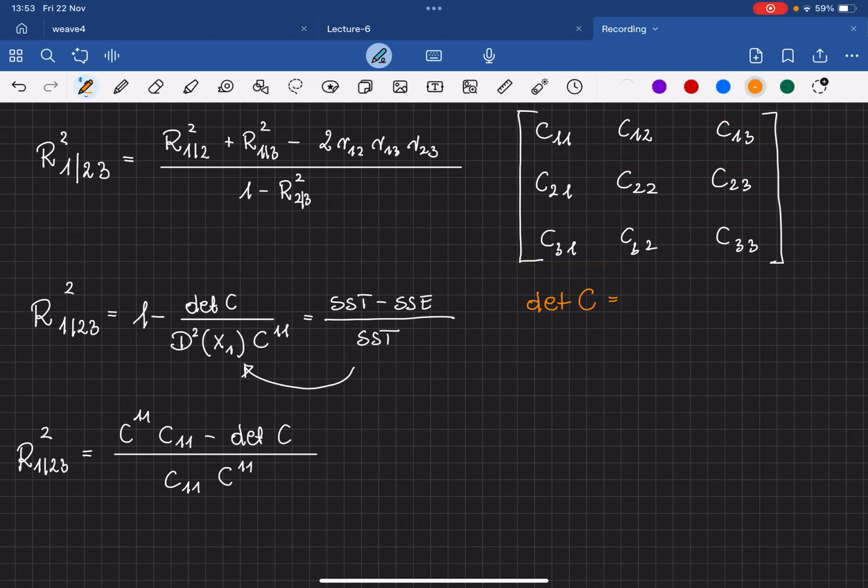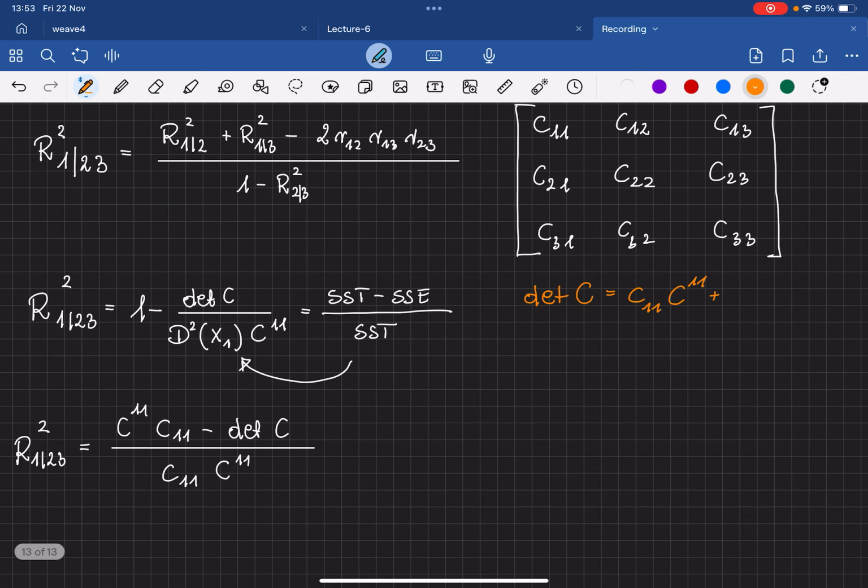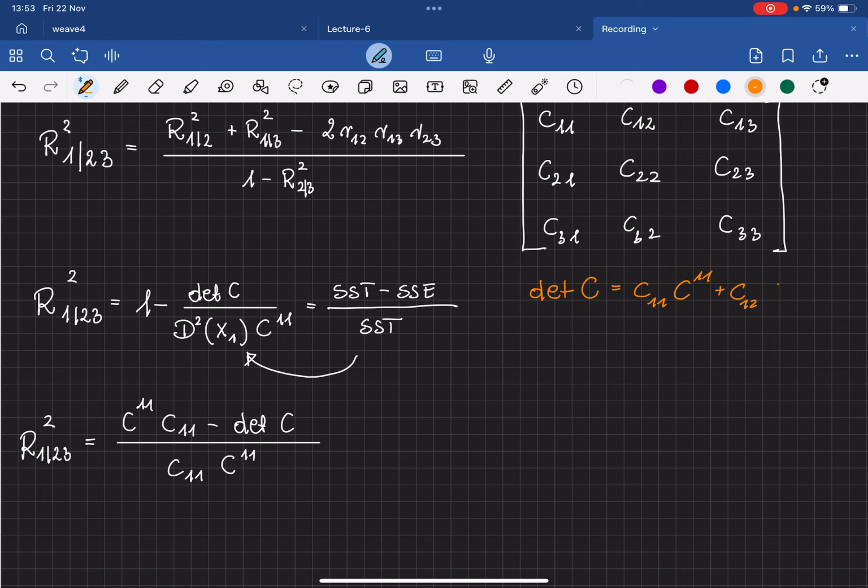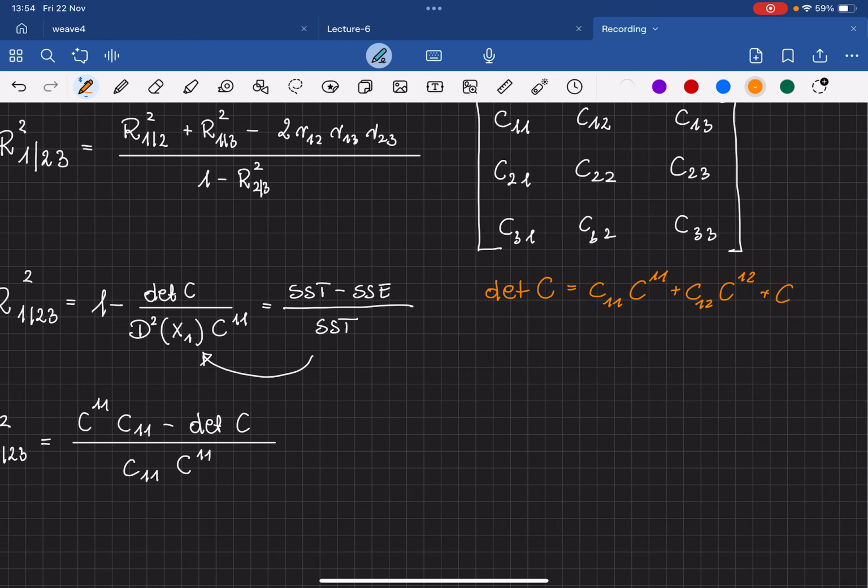So using the concept of algebraic complement, this will be C11, C11 upper indices plus C12, C12 upper indices, and the same C13, C13 lower and upper indices.